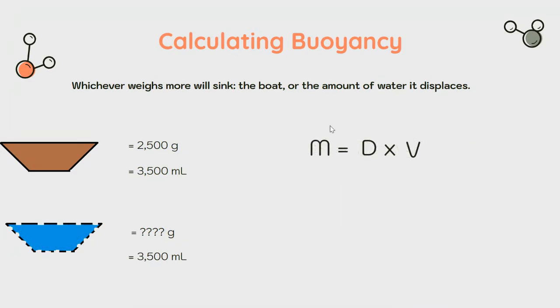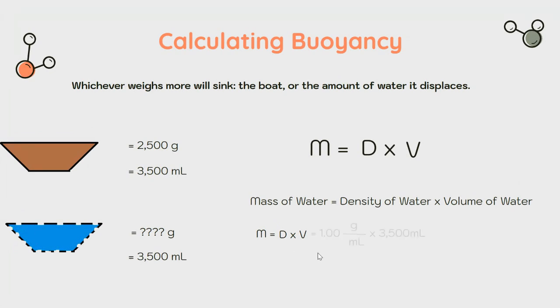And I'll abbreviate that to m equals d times v. And really, in this situation, we're still trying to find that mass of water. We know that the mass of water equals the density of water times the volume of water we're talking about. And in this case, that's the displaced water from the boat. So I'll use m equals d times v.